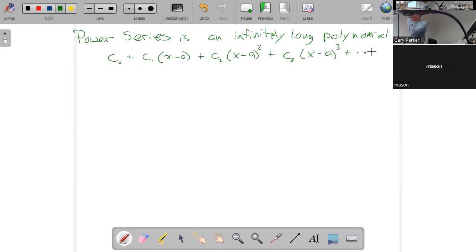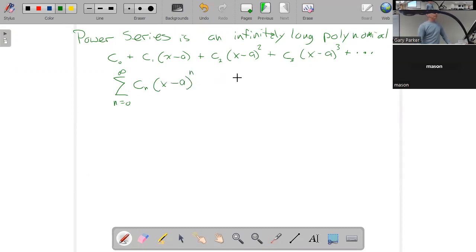So it's a series, but a little more general than just a series, because now I have this other variable x in there. So I could use summation notation on this. This would be the sum as n goes from 0 to infinity of Cn, one of the constants, times x minus a to the nth power.